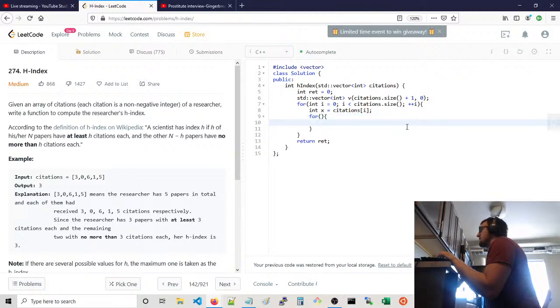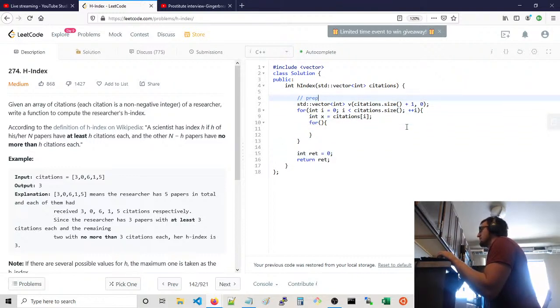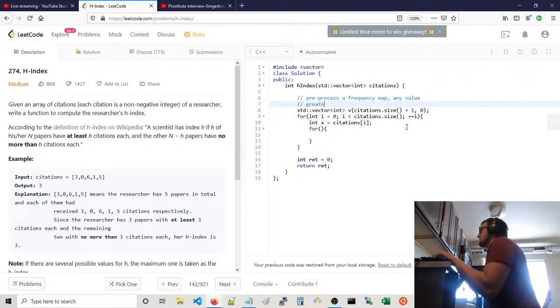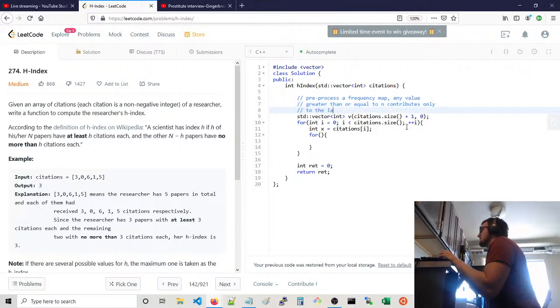Preprocess into a frequency map: any value greater than n contributes only to the last element.